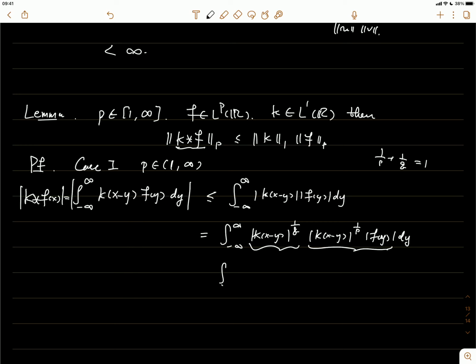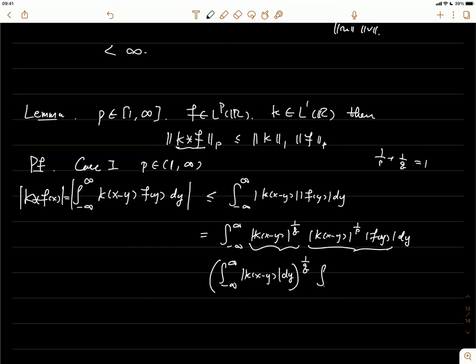So I'm going to get the integral of |k(x minus y)| to the power 1 over q, then to the power q, dy, so this q and 1 over q cancel, and then I have another 1 over q outside.